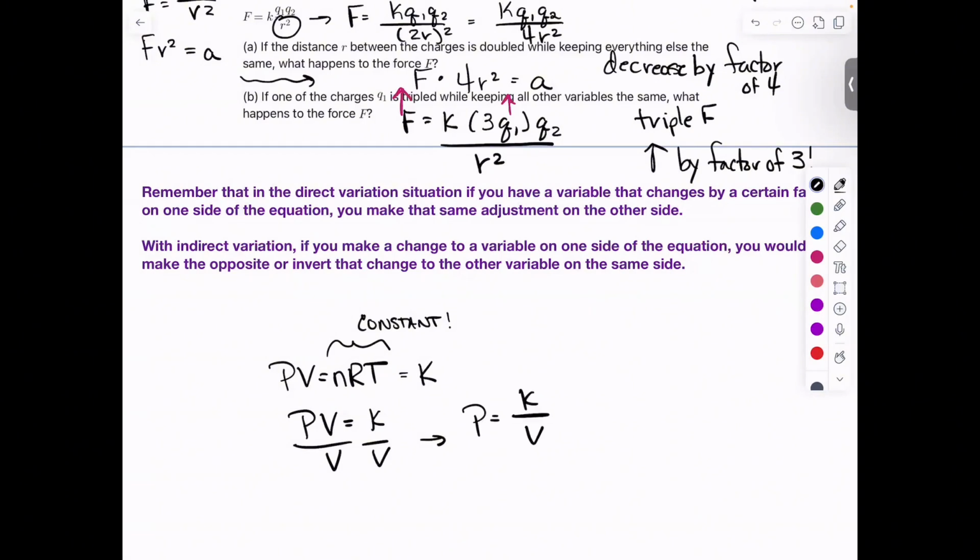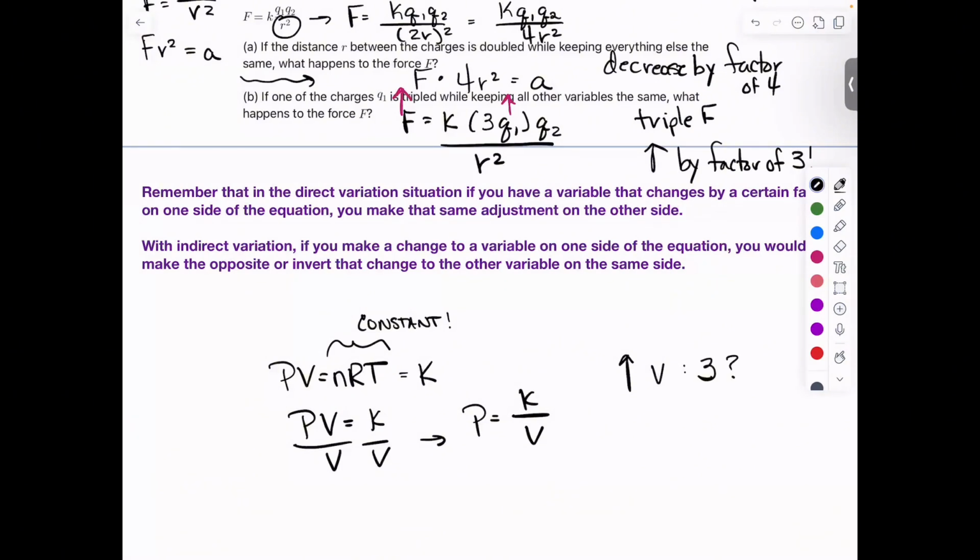All right, so now notice nothing is squared here, these are just going to be direct changes. So if I increase my V by a factor of, say, 3, what happens to my P?